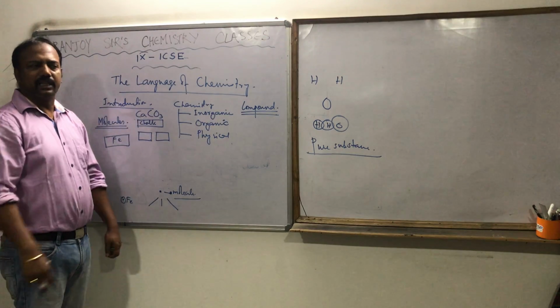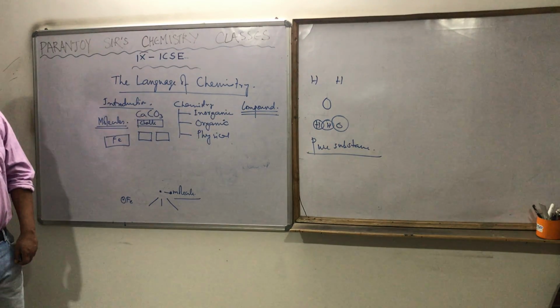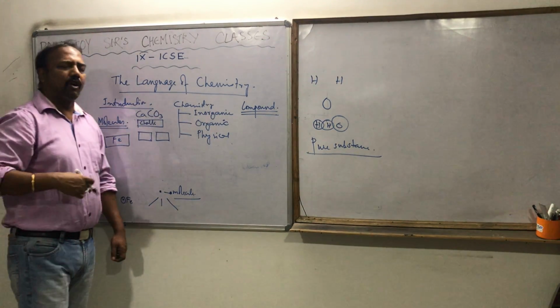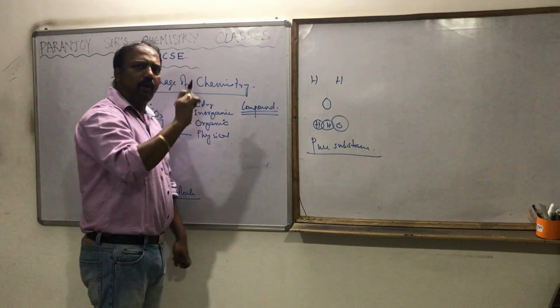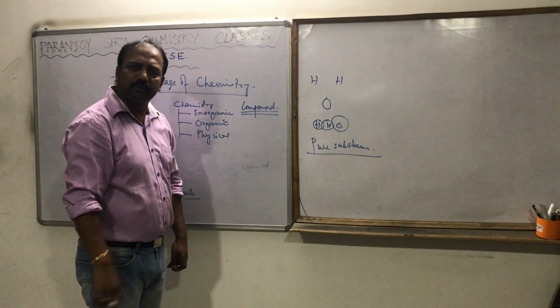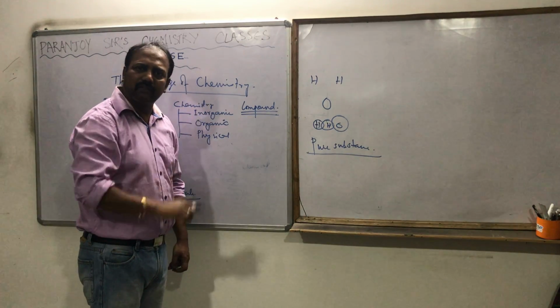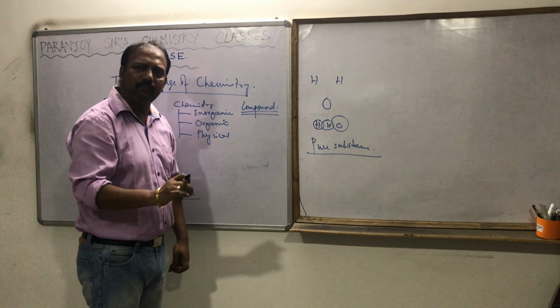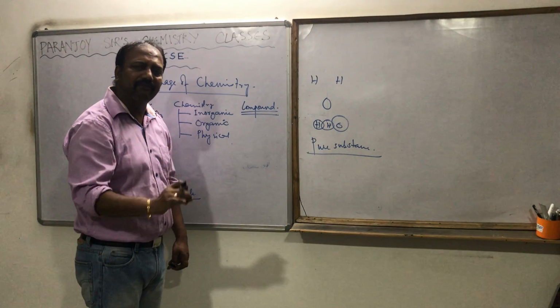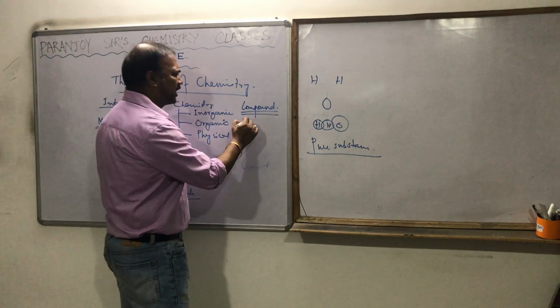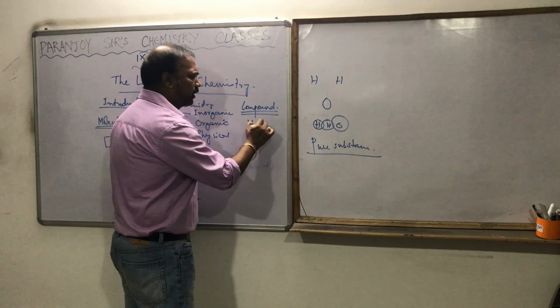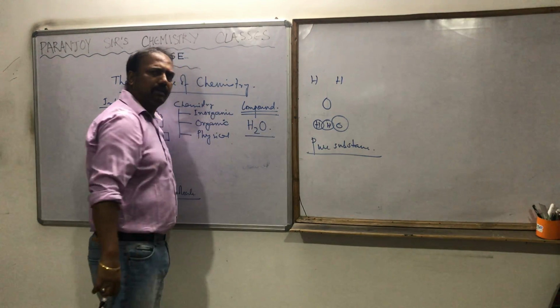A compound is produced from two or more atoms added by chemical reaction, in a definite proportion. For example, H2O is a compound. Why is it a compound?